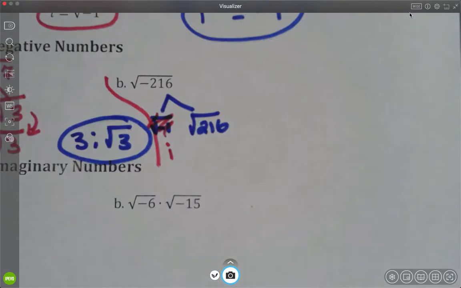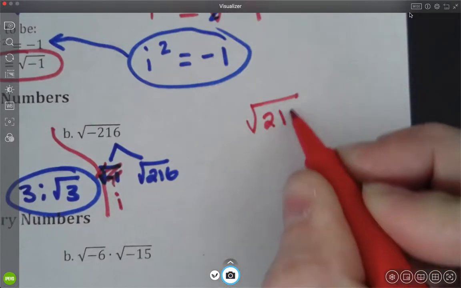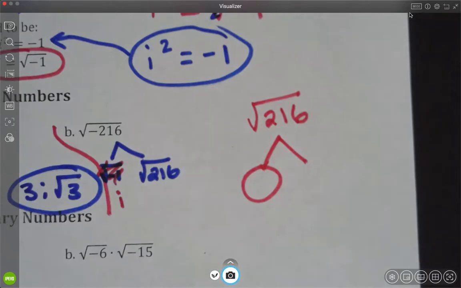Now I just have to break down 216. I don't know what this is broken down; this is a big number. Think of a number that goes in 216. Does 4 go into it? Yes, 216 divided by 4 is 54. But then 9 goes into that.